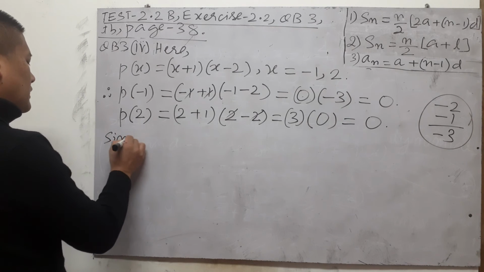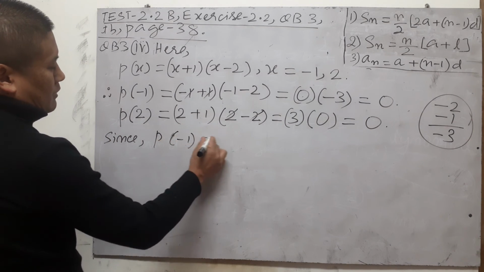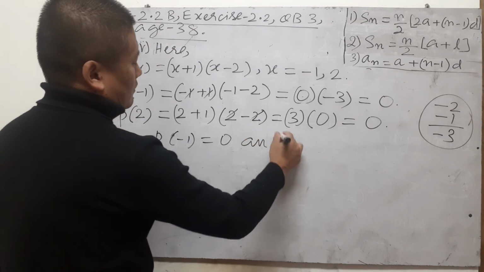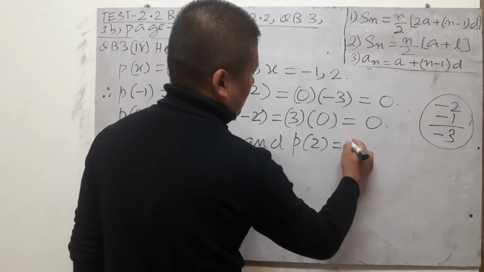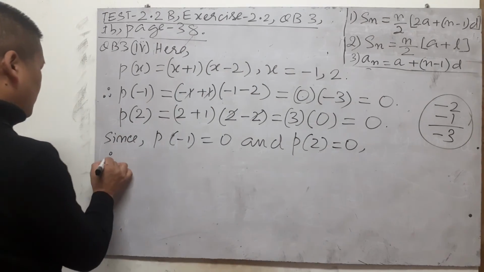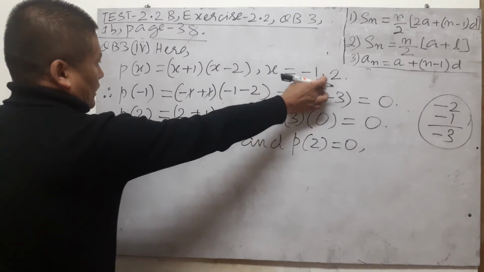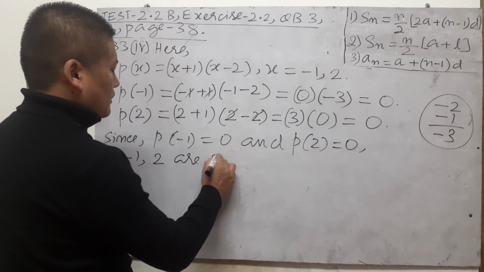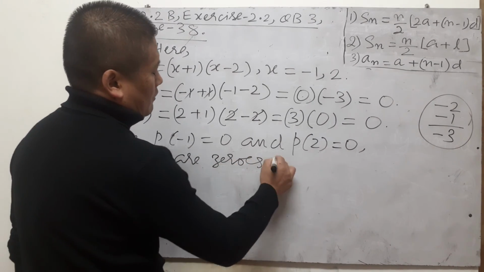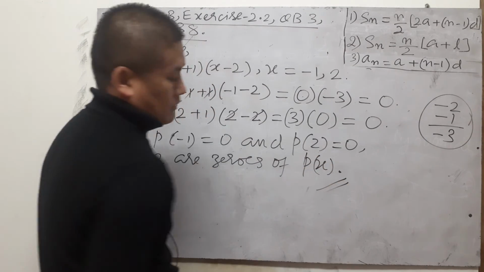Since p of minus 1 is equal to 0, and also p of plus 2 is also equal to 0, therefore both these values, minus 1 and plus 2 given in the question, are actually zeros of the given polynomial p of x.